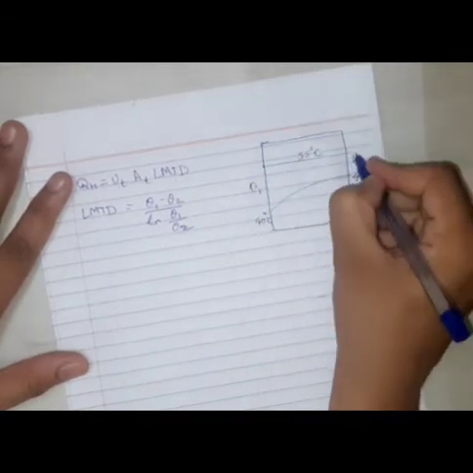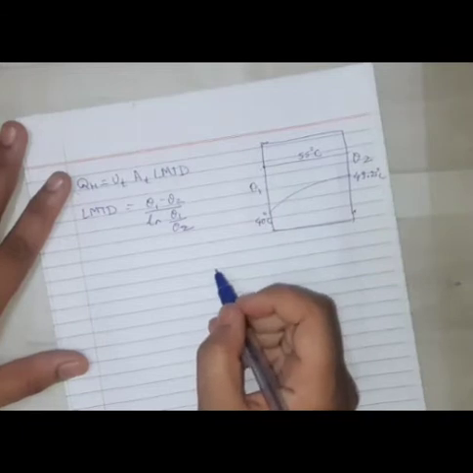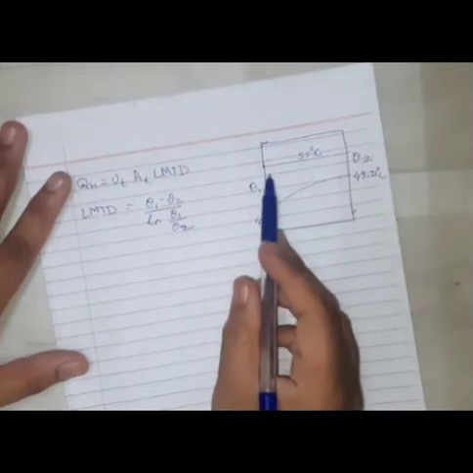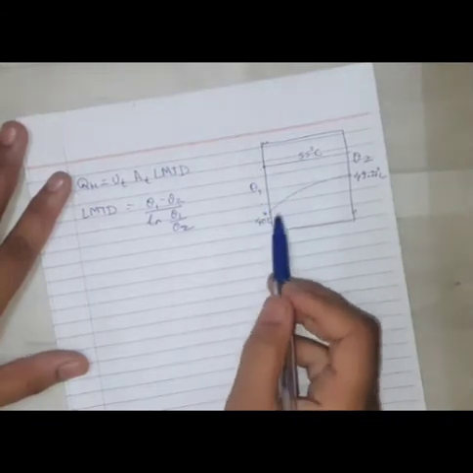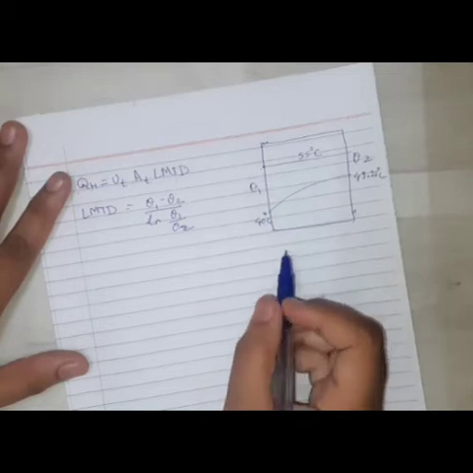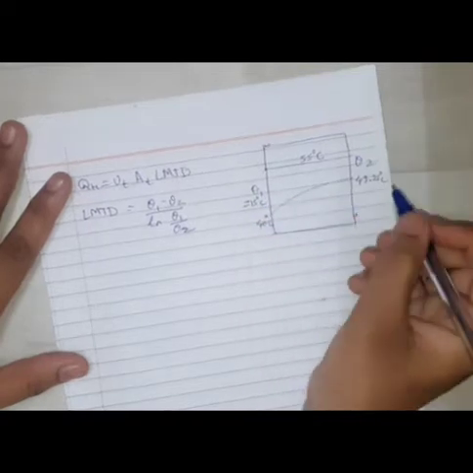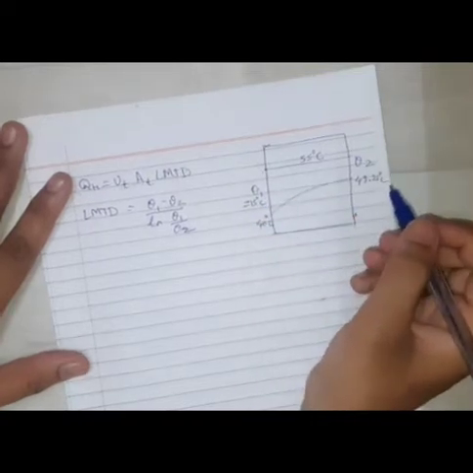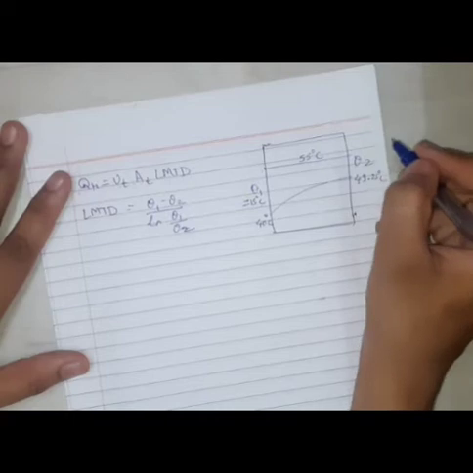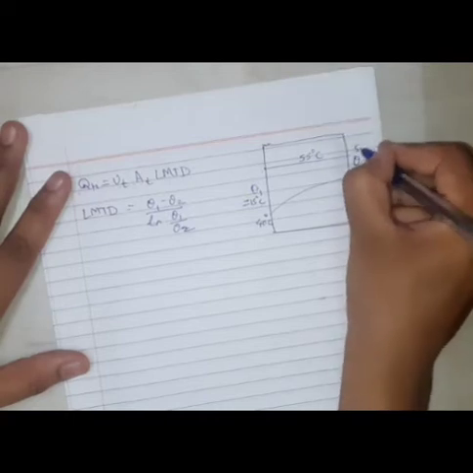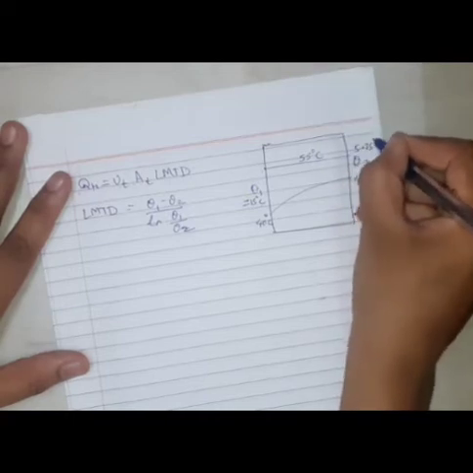So theta 1 and theta 2. If we take the difference here, theta 1 we will get as 15 degrees Celsius, and theta 2 we will get as 5.75 degrees Celsius.